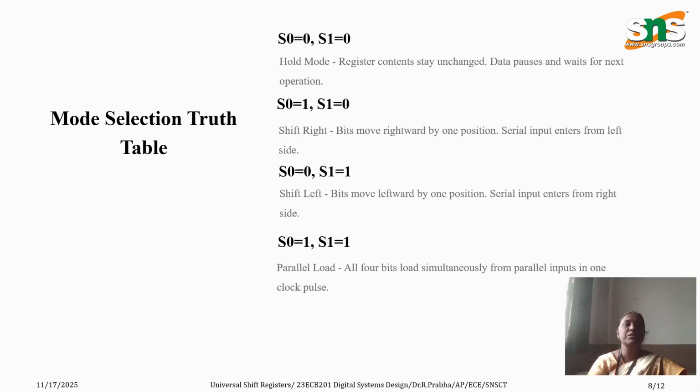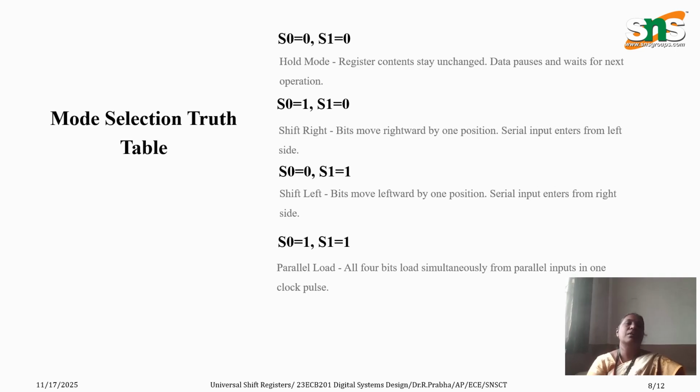Now the mode selection truth table: there are four modes to be selected. When S0 equals 0 and S1 equals 0, there will be hold mode. That is, the register contents remain unchanged, and the data waits for the next operation. When S0 equals 1 and S1 equals 0, the right shifting operation takes place.